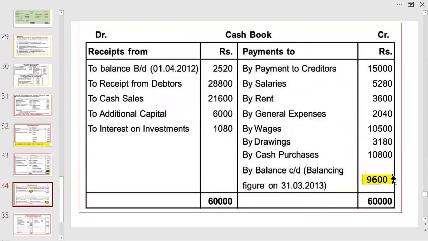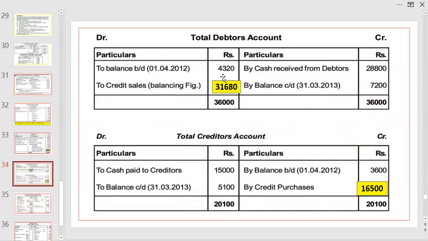In the debtors account, 3 out of 4 pieces of information are available. Therefore, the fourth one refers to credit sales. Similarly, in the creditors account, 3 out of 4 are available, the fourth one being credit purchases.